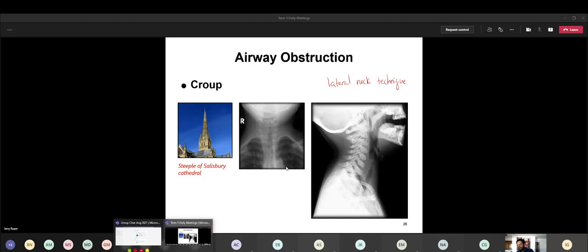Or position, or whatever you want to refer to this as. Here's a standard AP. And it still shows up as the classic church steeple or pencil point, as some people will refer to it. And then on this film here, it's showing up there.